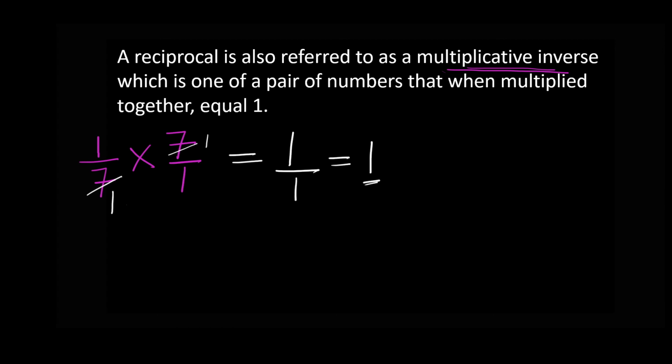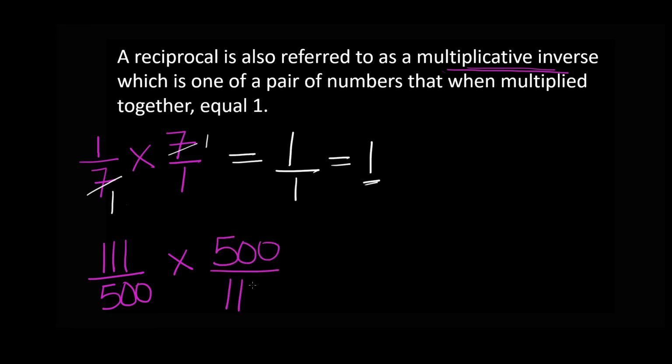Let us look at one more example right here. 111 over 500. If I'm going to multiply this by its reciprocal, we are going to be having 500 over 111, right?